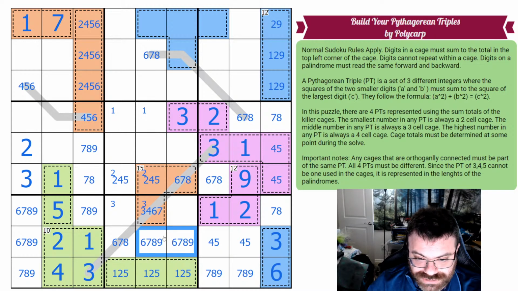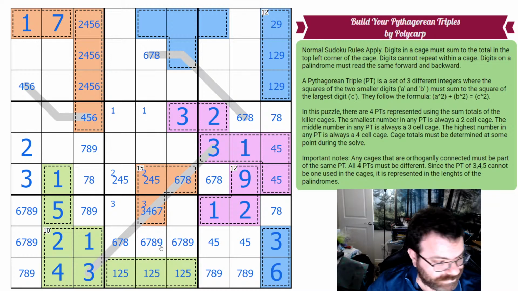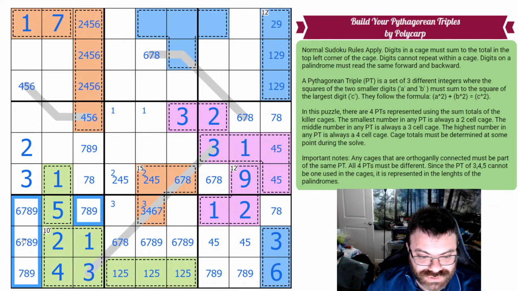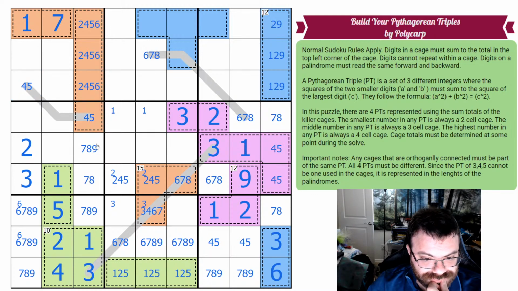These are from 6, 7, 8, 9. Yeah, this 6, 7, 8, 9 quad puts 6 here. So this is not 6. Where does 6 go? 6 goes here. And here.